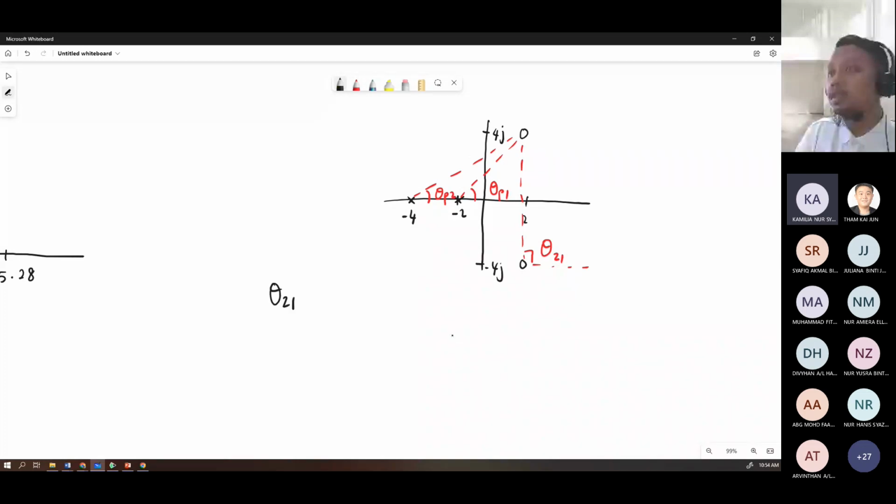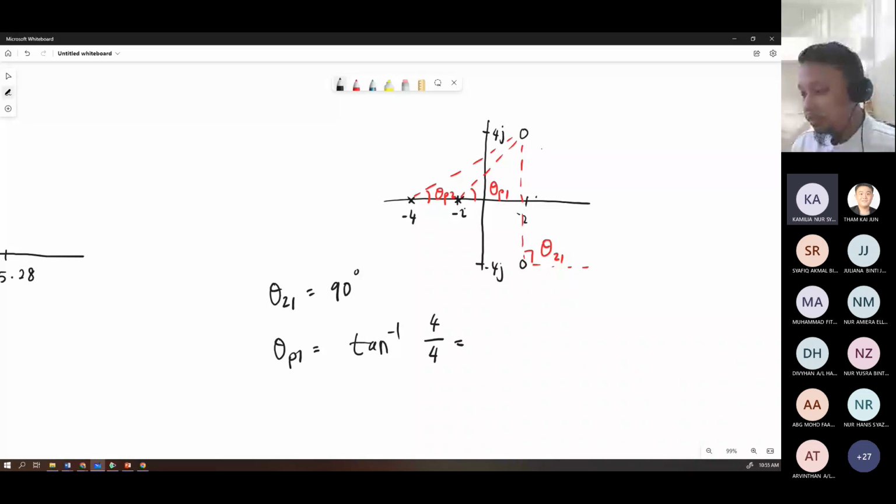So theta z1 is simply 90 degree. And then theta p1, you have to use tangent. So tangent this length divided by this length, so 4 over 4. So you get 45 degree.